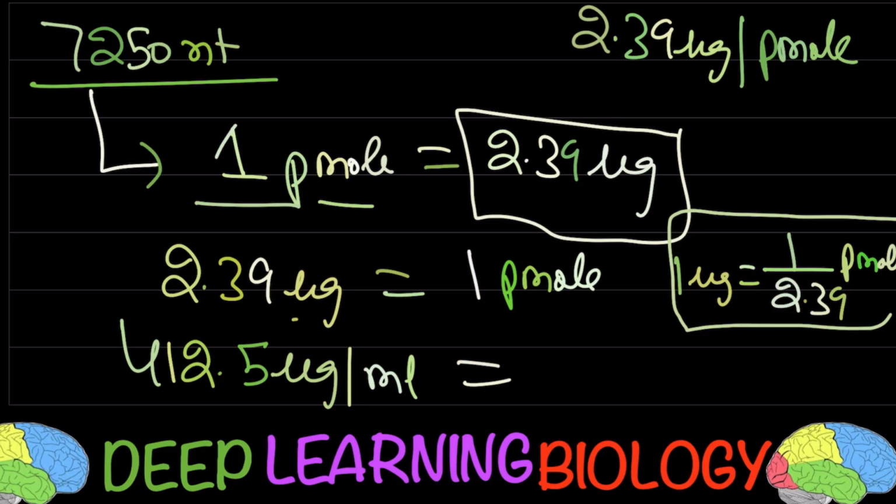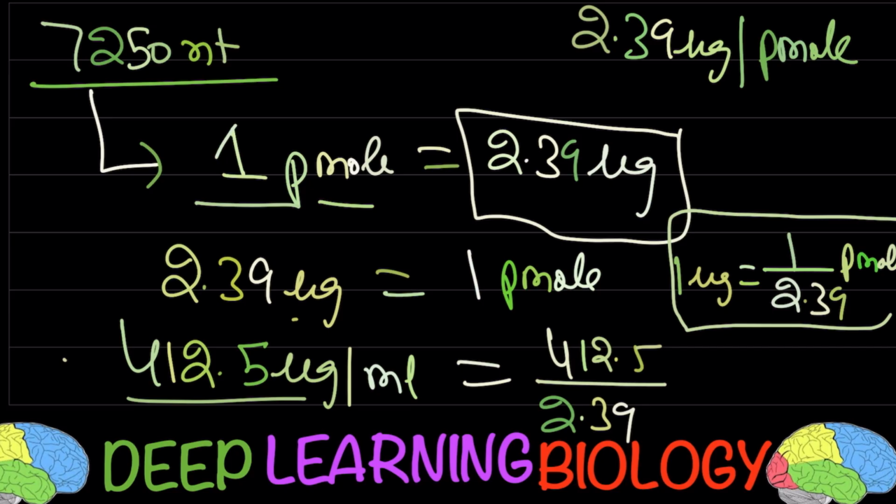Now try to see here. 412.5 was our answer, and we have to express the answer in picomoles per microliter. So just try to convert this. 412.5 microgram means 412.5 divided by 2.39 picomole.